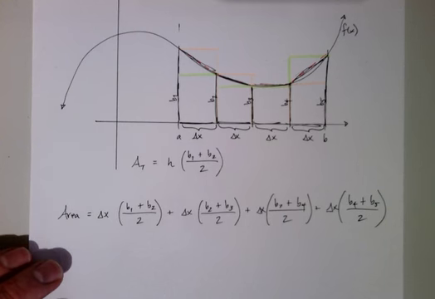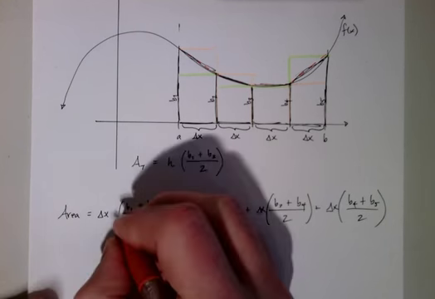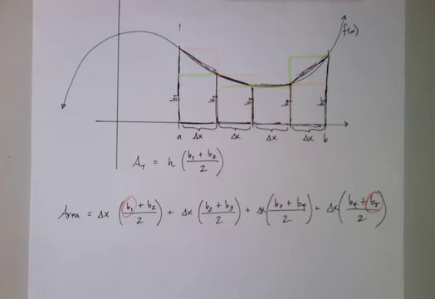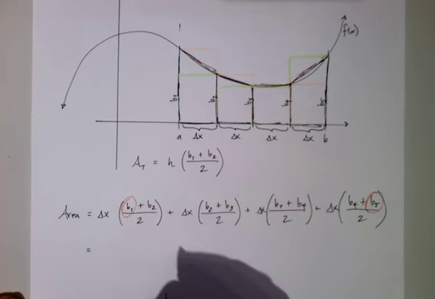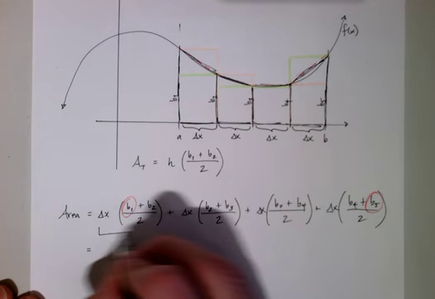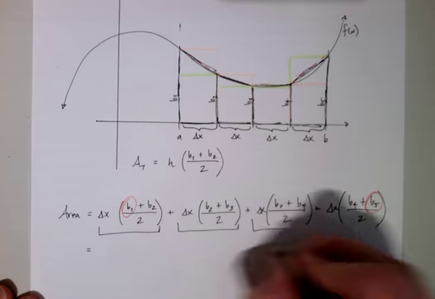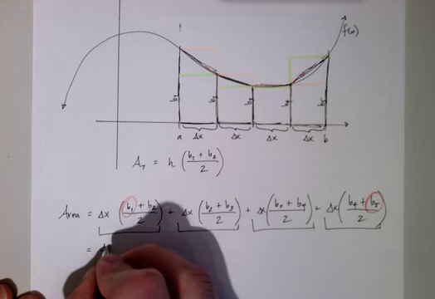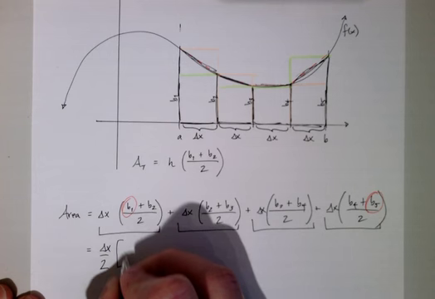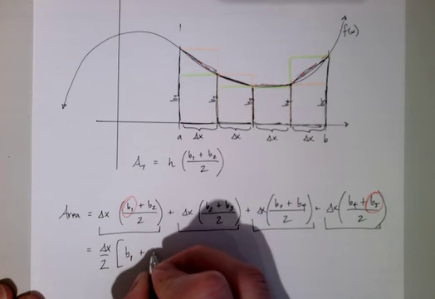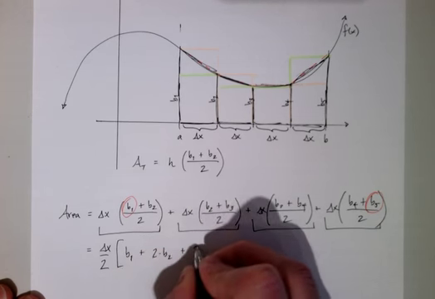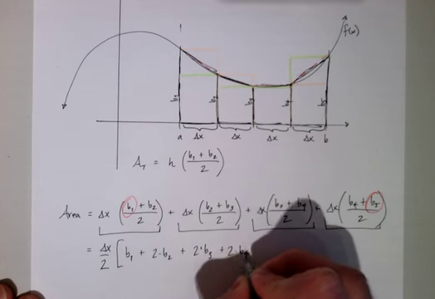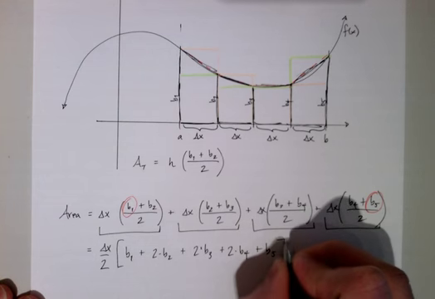Notice that the only ones not used twice are base 1 and base 5, the first and last function values, and all 4 of these have a delta x and a divided by 2 in common. So let's pull out delta x divided by 2, and we get base 1, 2 times base 2, 2 times base 3, 2 times base 4, plus base 5.